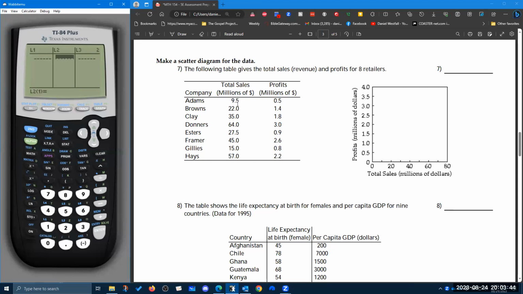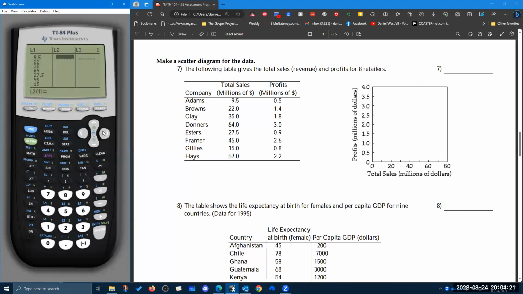So I'm going to put my independent variable in L1: 9.5, 22.0, 35.0, 64.0, 27.5, 45.0, 15.0, and 57.0.